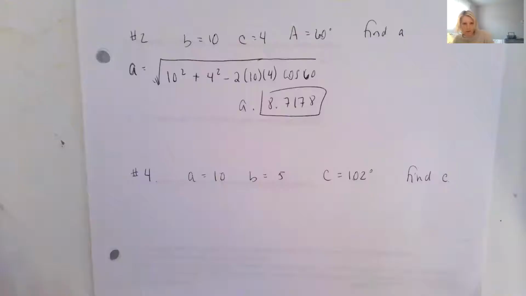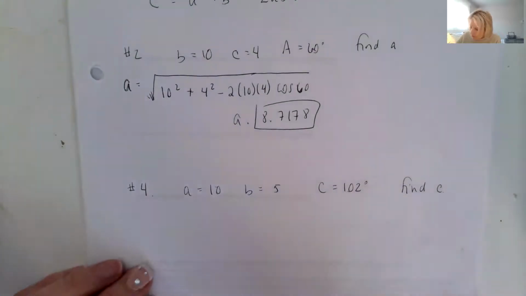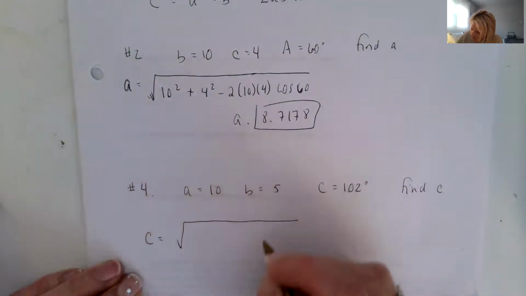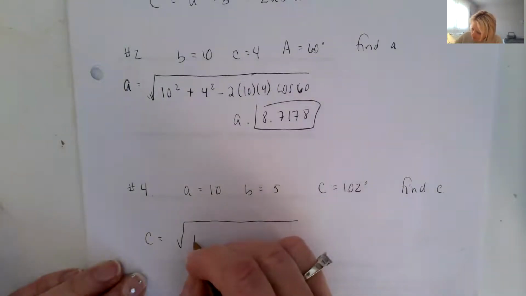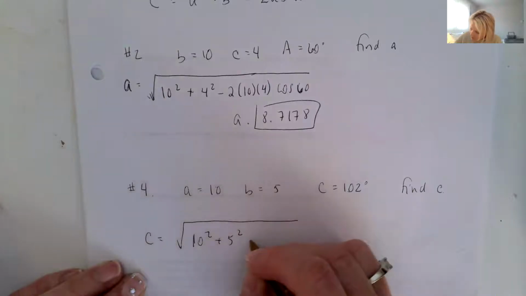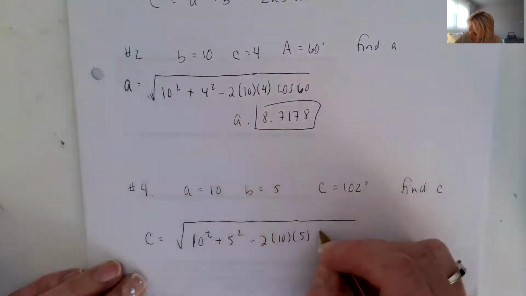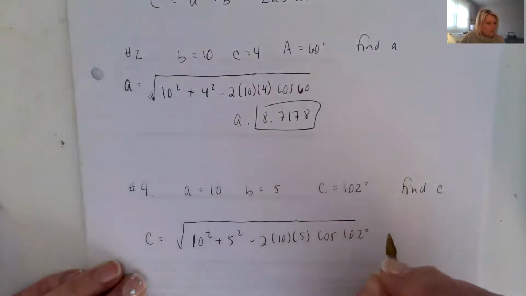Number 4, we know A and B, but we need to find C, but it's essentially the same formula. So C is going to equal 10 squared plus 5 squared minus 2 times 10 times 5 times the cosine of 102.